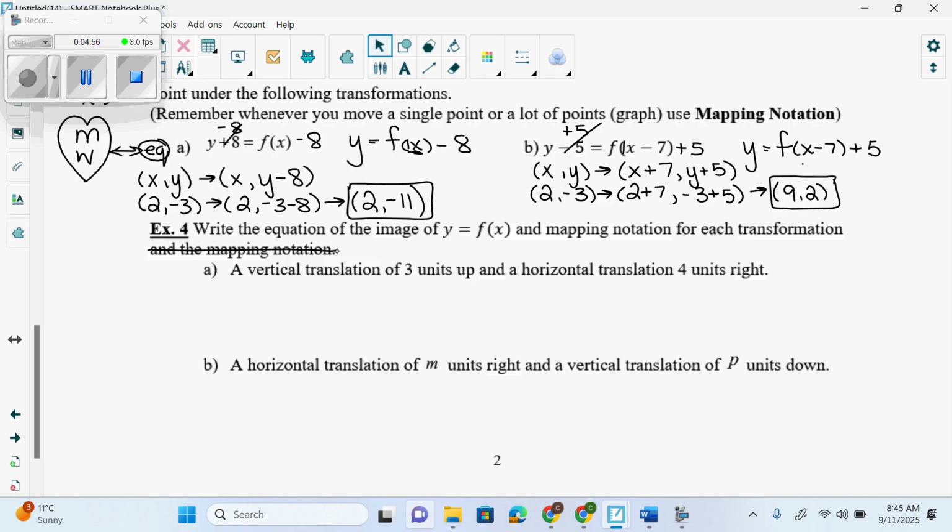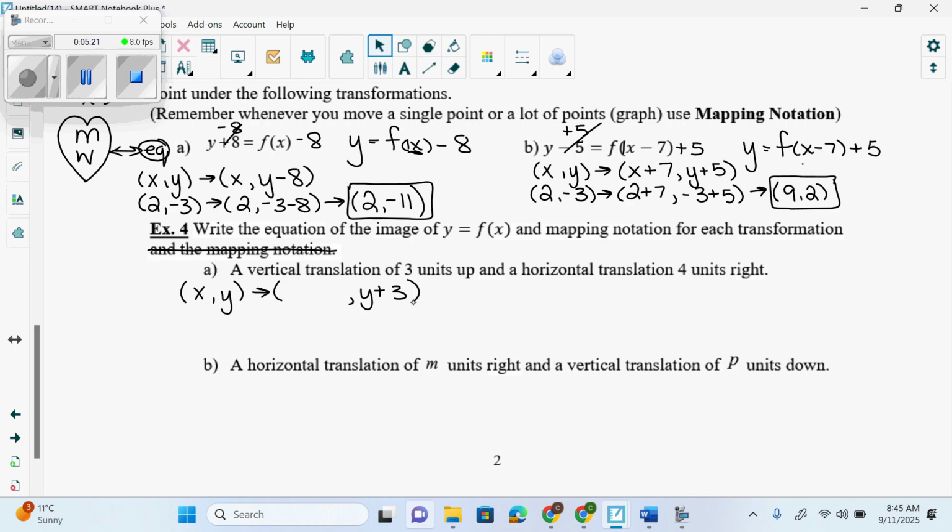Should I do the equation first if they're giving me words, or mapping first? Mapping. Words and mapping are the same. Vertical translation, 3 units up. Does that apply to the X or the Y? The Y, so I need to go Y plus 3.